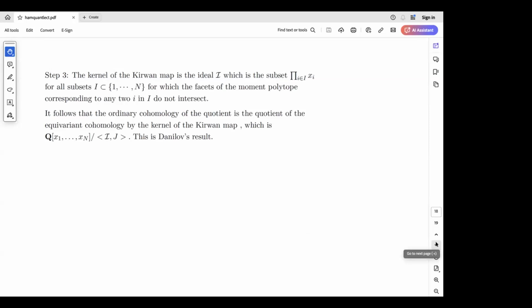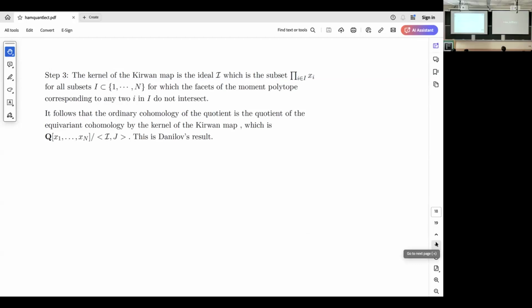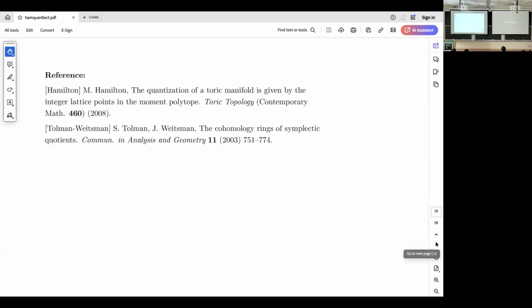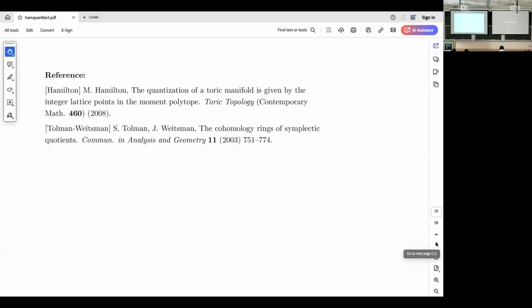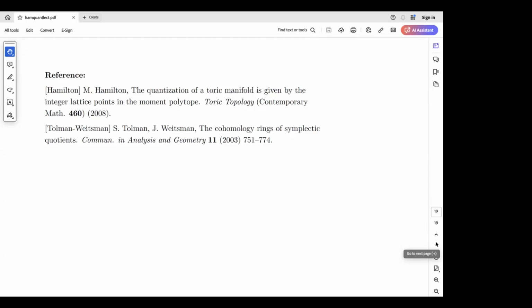Are there other questions? Lisa, didn't Danilov's result come before Cohen's surjectivity? I'm sure it did. I was not claiming that this is the first proof.